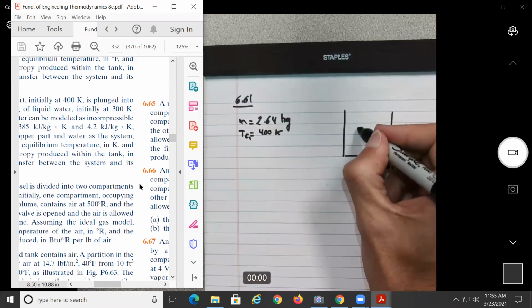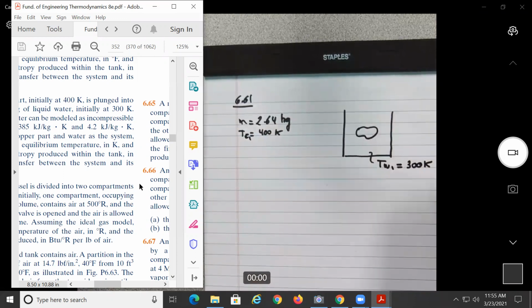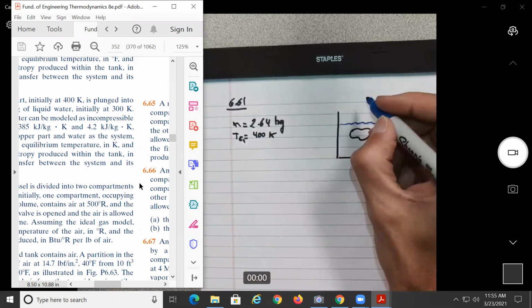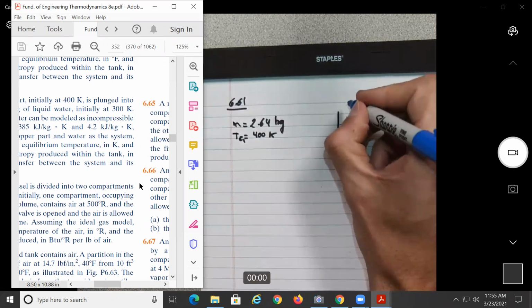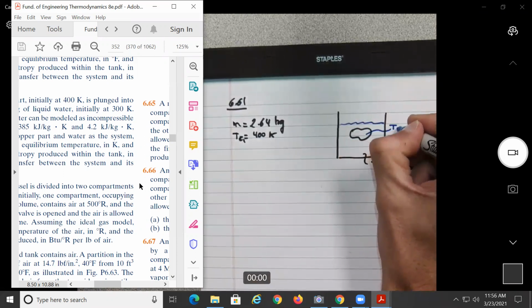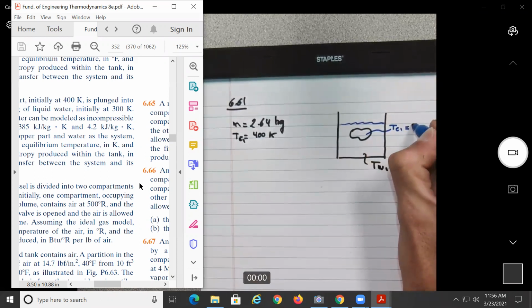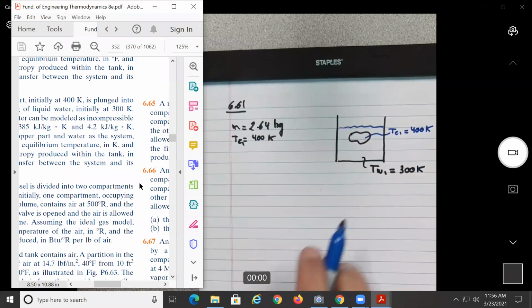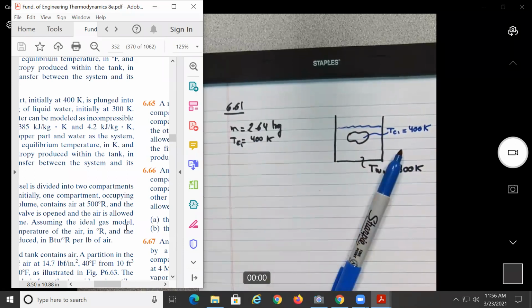So this will be T copper 1. So we plunge the copper here. This is water. And let's say T copper 1 equal to 400 Kelvin. And the mass is 2.64. What else do we know?